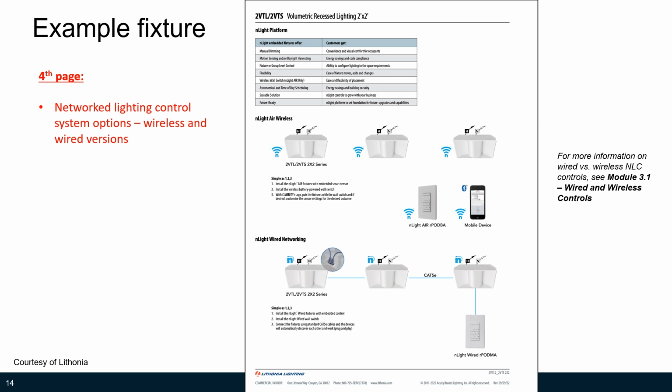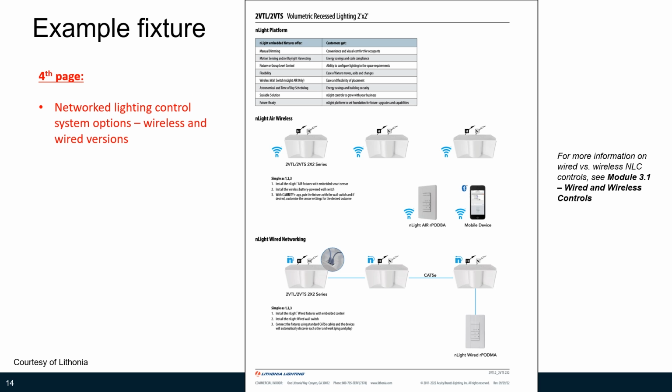And it's becoming increasingly common for fixture manufacturers to show more and more detail about control systems that work with their fixtures, because they know that people in the market are using these more and more. So instead of forcing you to go back to a separate catalog to look at the control system and how that works, they simply incorporate some of that information on the fixture sheet like you're seeing here.